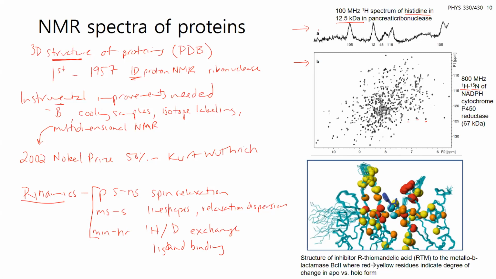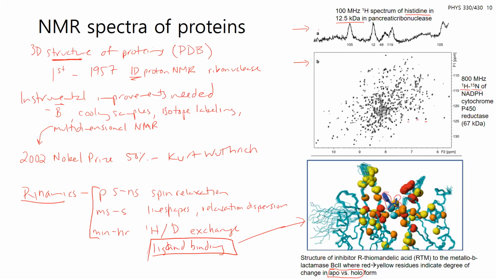So an example, looking at ligand binding, you can get high resolution spatial information. So that's what this figure is here. An apo form versus a holo form of the protein means without or with a ligand present. And you can see the ligand in this protein is this purple guy over here.